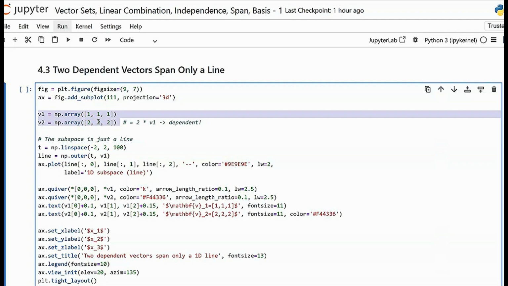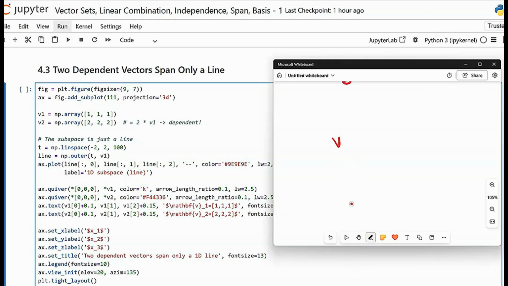It is a three-dimensional component specified as v1 and v2. On observing the component values, kindly observe one thing: v2 is equal to twice v1. So v2 is (2, 2, 2), which is 2 times (1, 1, 1), that is v1. This clearly shows linear dependence.